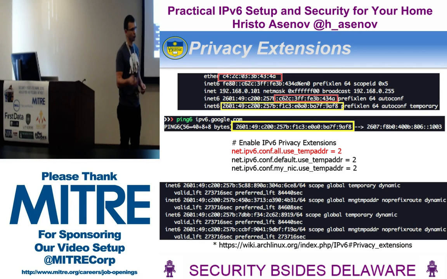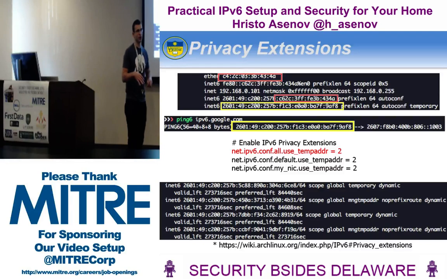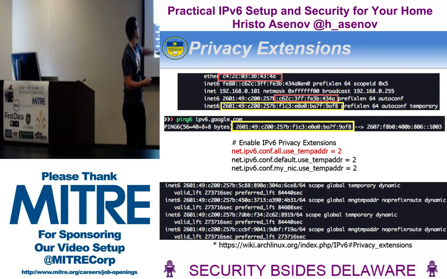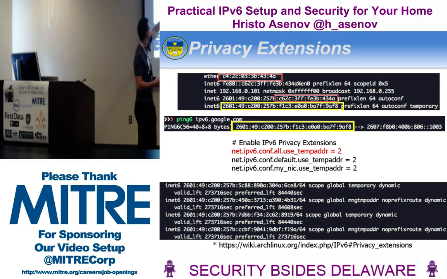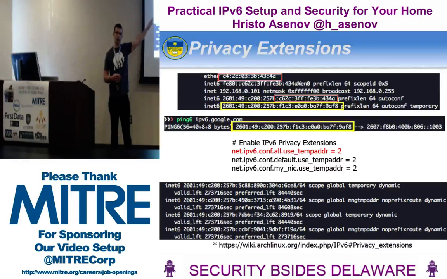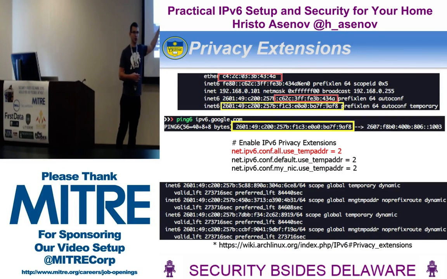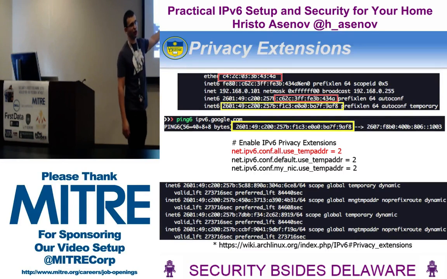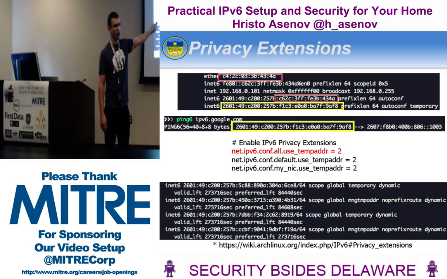So you can enable privacy extensions that will generate a random v6 address that is then used by default. So you can see the second address is the random address, and then if you ping Google, that will be the default address that's being used. So to enable this in Linux at sysctl, you would turn this on.